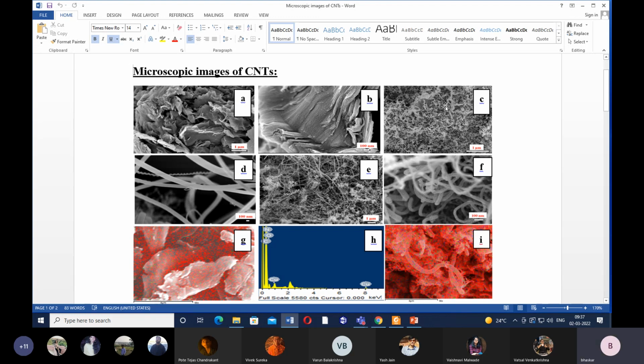Following this, we had formation of this kind of morphology. I know these are carbon nanotubes, but for you, I have zoomed and enlarged this part, and I have grabbed all these images from scanning electron microscopy.